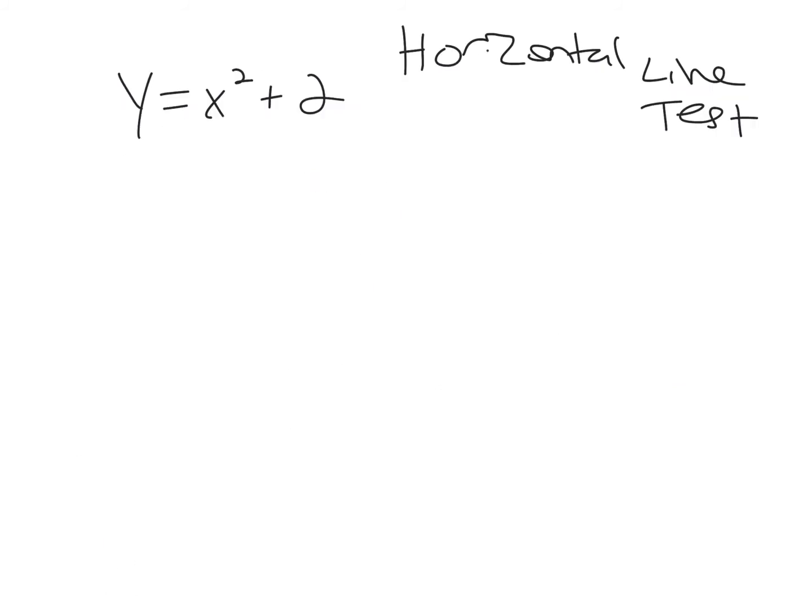So we are going to use the horizontal line test to tell whether a function has an inverse, okay? So we have y equals x squared plus 2. If I graph that, it'd look like that, more or less. Now, what is this horizontal line test? Hopefully you remember the vertical line test, where if any x value has multiple y values, that was not a function.